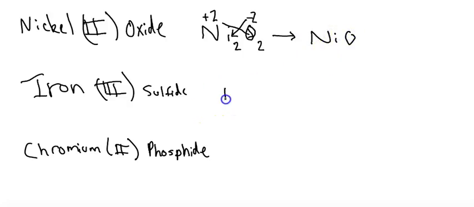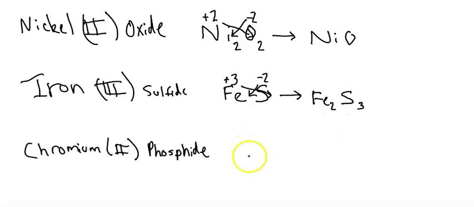For our second one, iron has a symbol of Fe. Sulfide is sulfur with the symbol of S. And we know that our sulfur has a -2 charge. Our Fe has a +3 charge. And we do our crisscross method again, bring down our numbers, and that gives us Fe2S3.